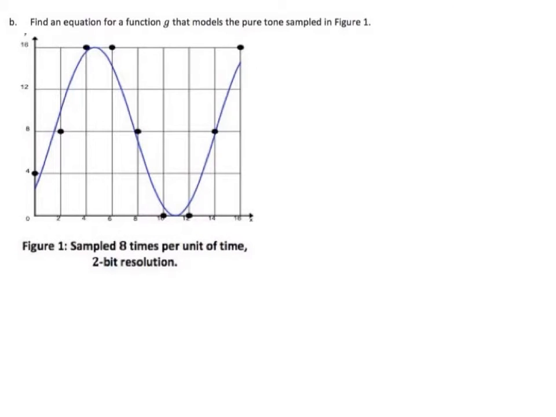Okay, find an equation for a function g that models the pure tone sampled in figure 1. So we're going to have to come up with a few of our data points. We can figure out our amplitude, our period, and our phase shift, our h, and then the midline, right?